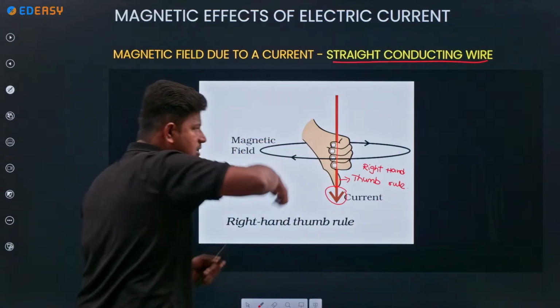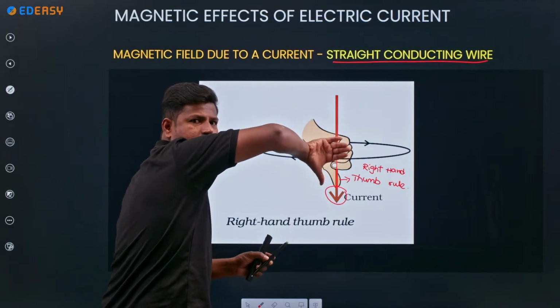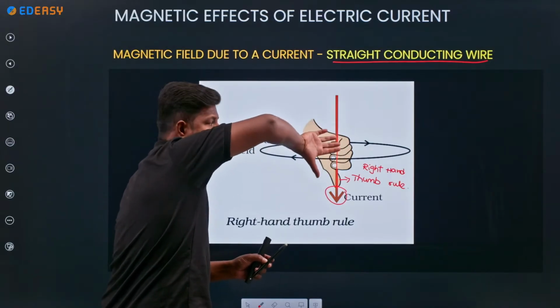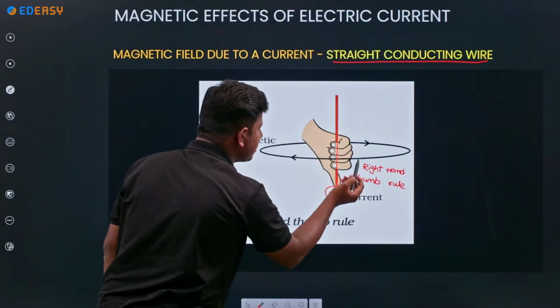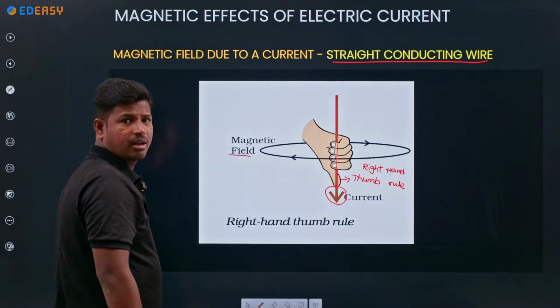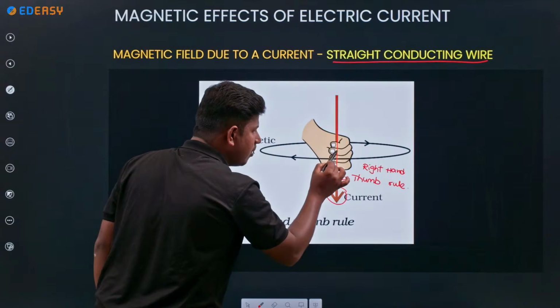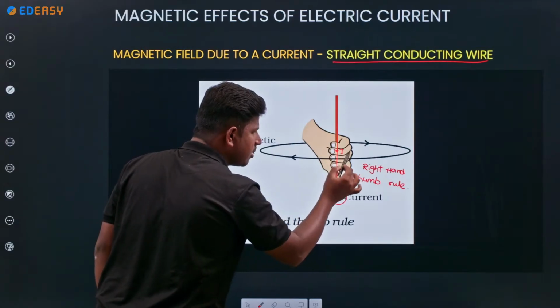So, see, the wire is in the downward direction. Thumb is current. And what about the curl fingers? Curl fingers represent magnetical field lines. See, if I am taking one point here, at this point current is there.